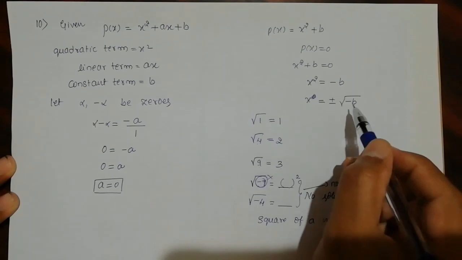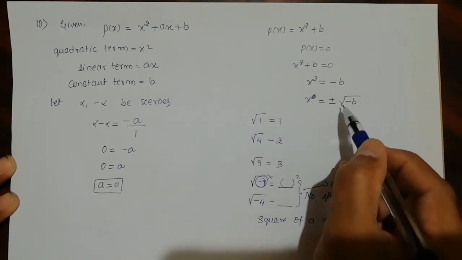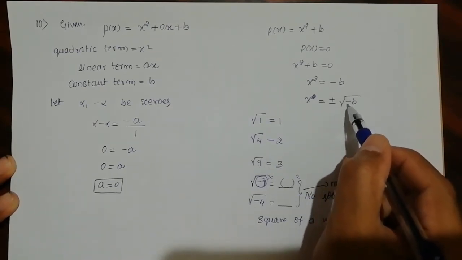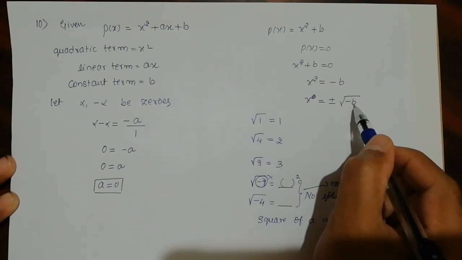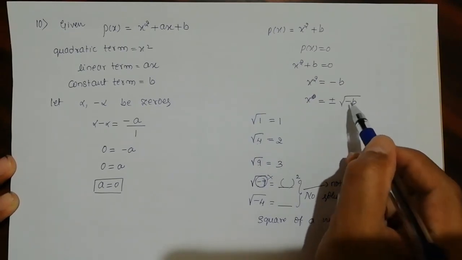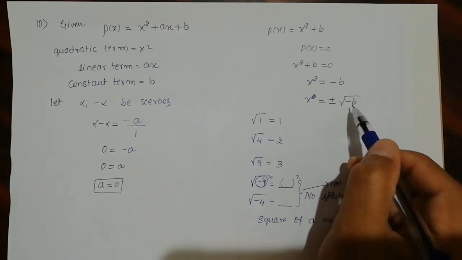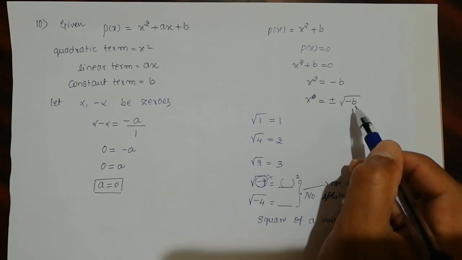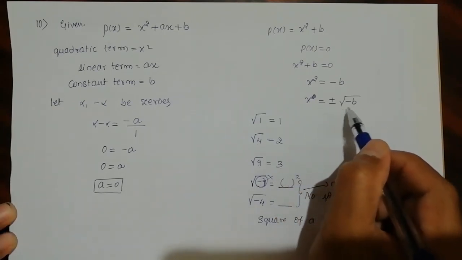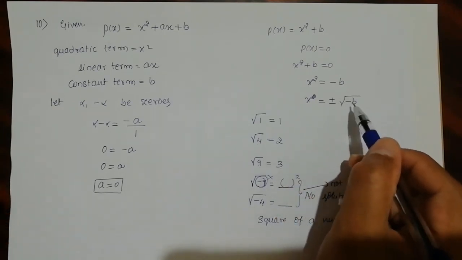So now look at here. Here the situation is like this: square root of minus b. We can't immediately judge this is not defined, because we don't know the sign of b. Definitely a polynomial always has a solution. It has a solution means square root of this number should be defined.